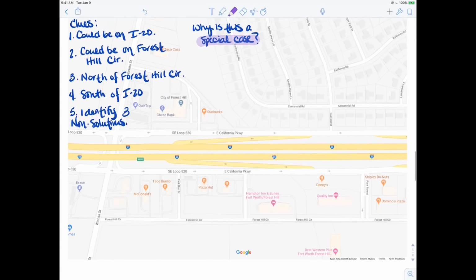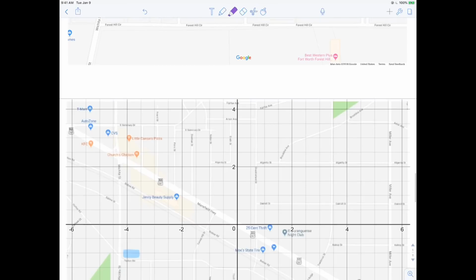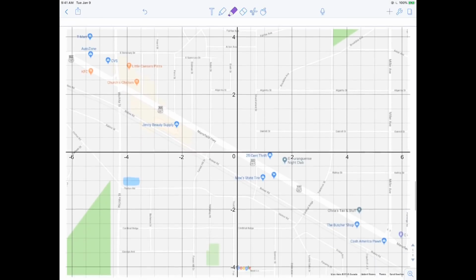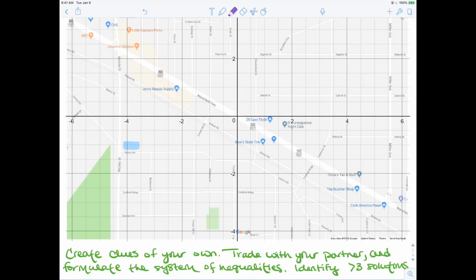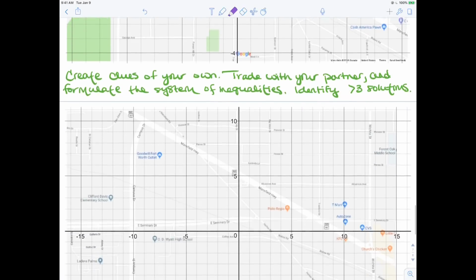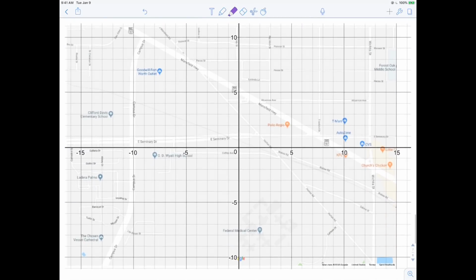And then for the maps that follow, here are the instructions for these, so you can pause the video and get the instructions for these maps as well. And your partner can use the other map.